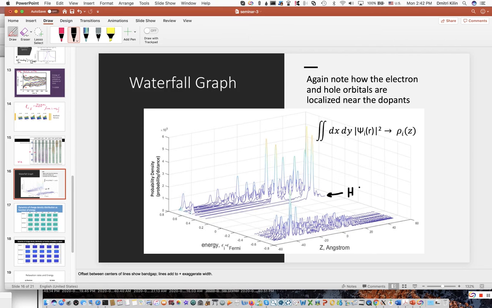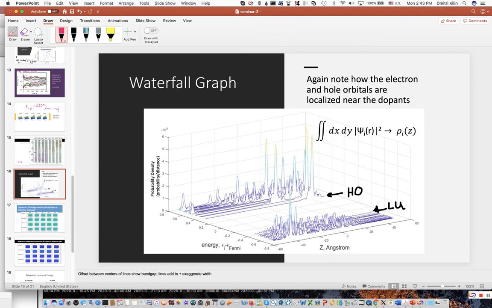All right. So on slide 16, here we have another graph. This shows how my probability density is changing with atomic distance and orbital energy.